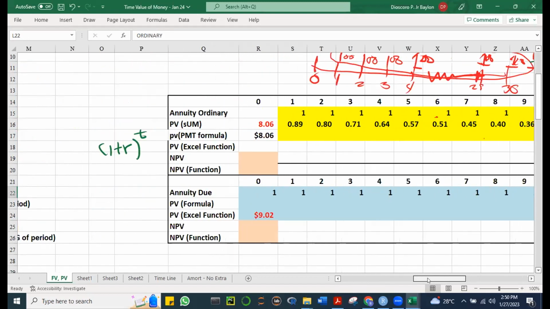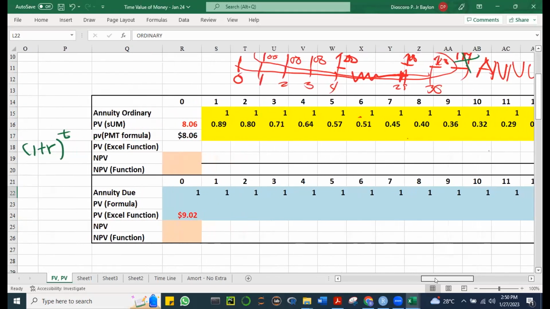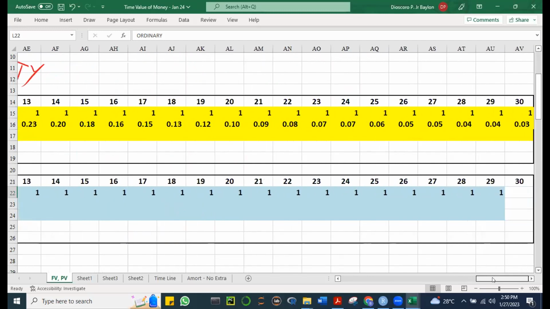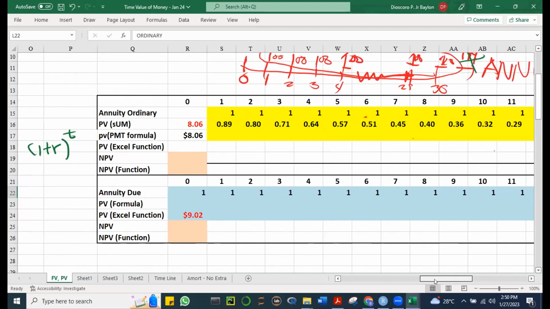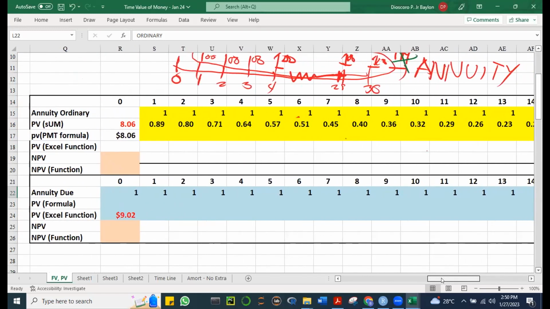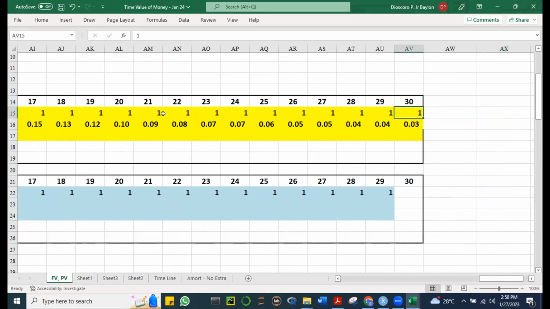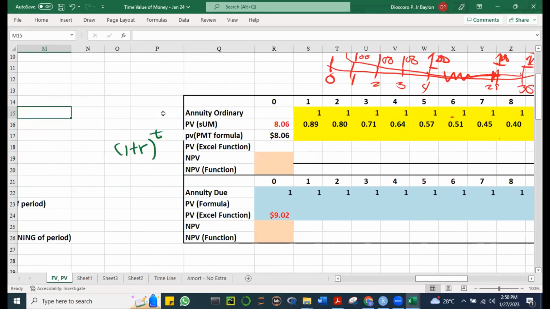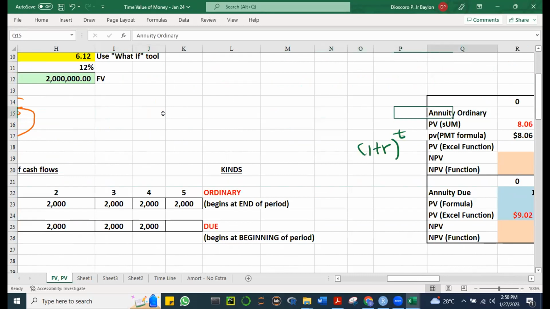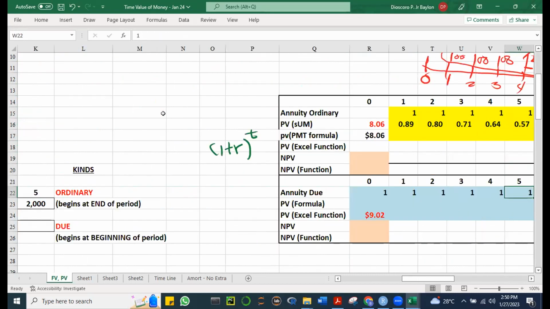All right. This is another example of an ordinary annuity and an annuity due. This one is an ordinary annuity. You have a stream of cash flows, one for the next 30 years. On the other hand, this one is an annuity due.